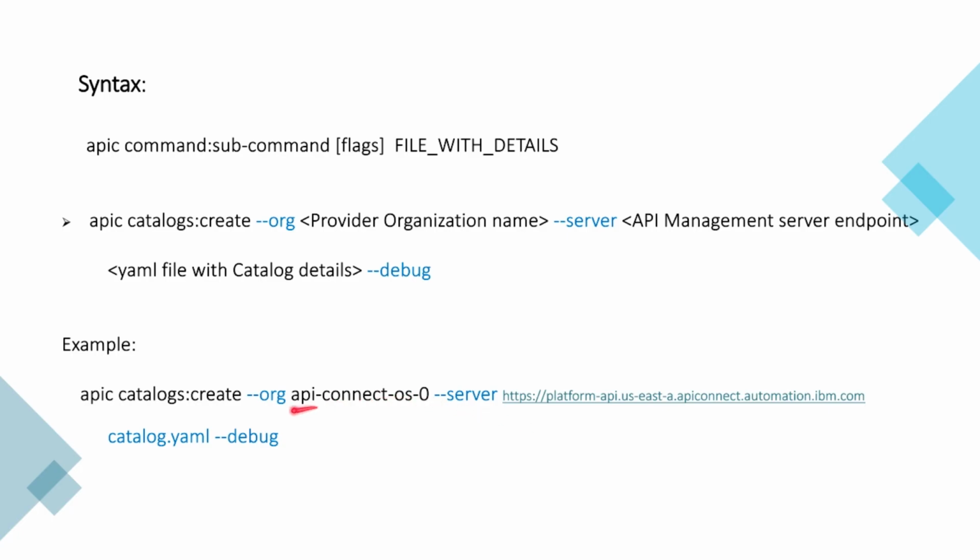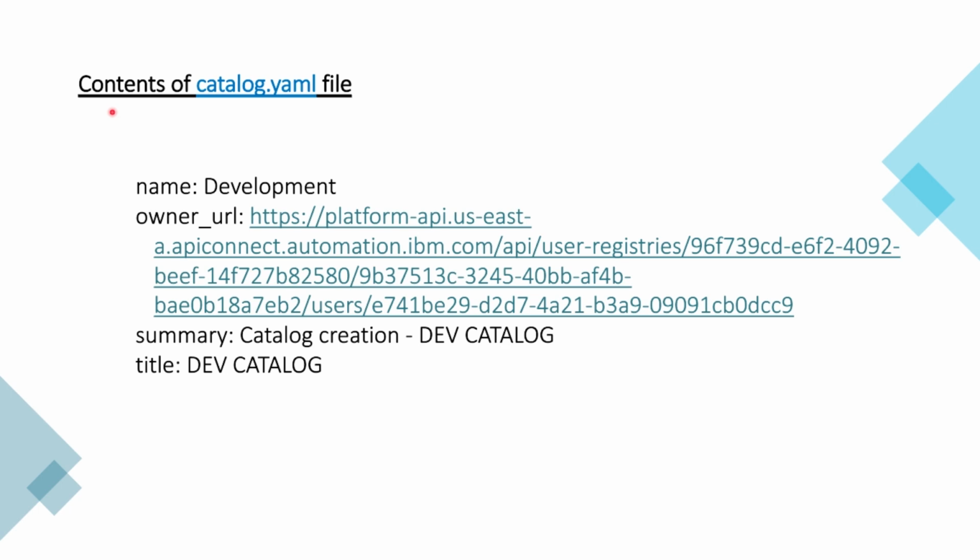Let's check the contents of the catalog.yml file. It can be any name. Let's go through the contents of the catalog.yml file. Name, this is the name of the catalog, development. You can give any valid name here. Then owner underscore URL.